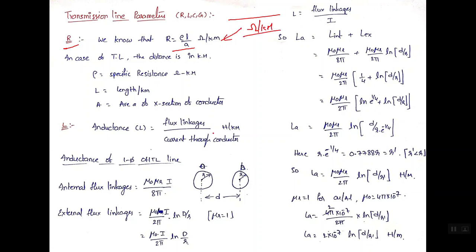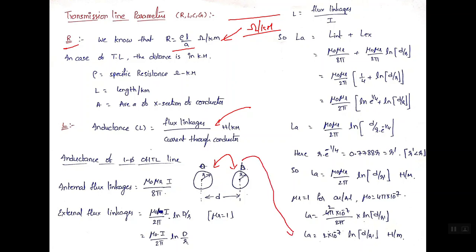And inductance is nothing but flux linkages by current through the conductor. Here, if you want to find the inductance between the conductors, that is in case of overhead transmission lines, no need to remember all these derivations, friends.